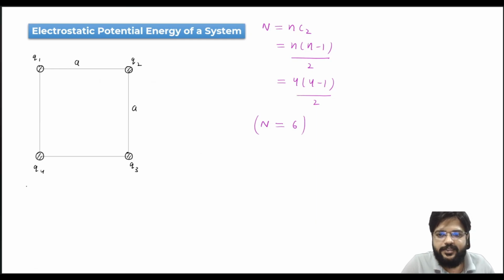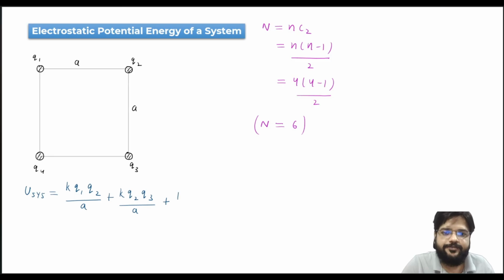So what we are getting here, let's see it. Potential energy of the system equals, first of all I am writing between 1 and 2. So it is K Q1 Q2 divided by A. Then between second and third, it is K Q2 Q3 divided by A. Then we will write between fourth and third, everyone.